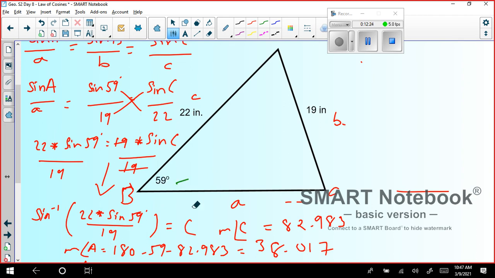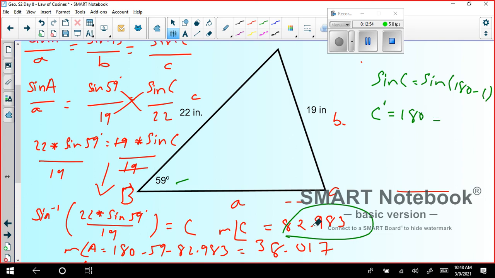The first angle that you found was C. There are two possibilities to get the values of C, because sine of C is going to be the same as sine of 180 minus C. Which means I can write 180 minus C as one more C. I can get another C prime, which is going to be 180 minus the C value that you found, that is 82.983.